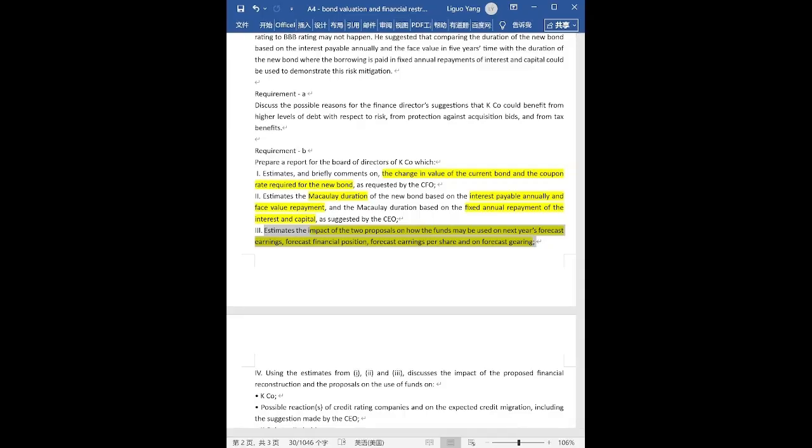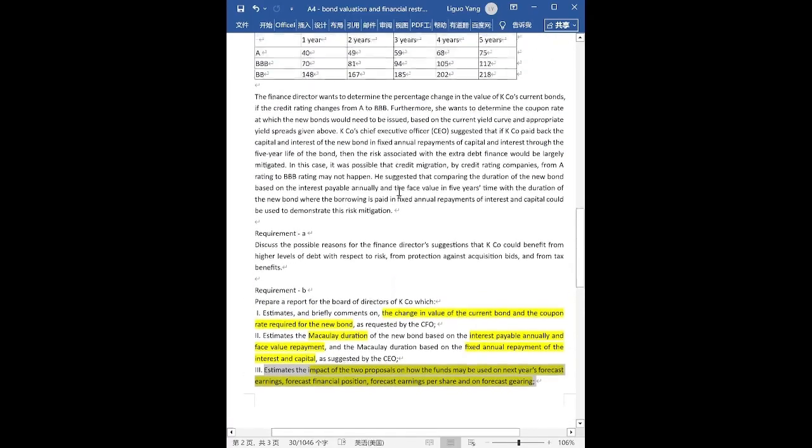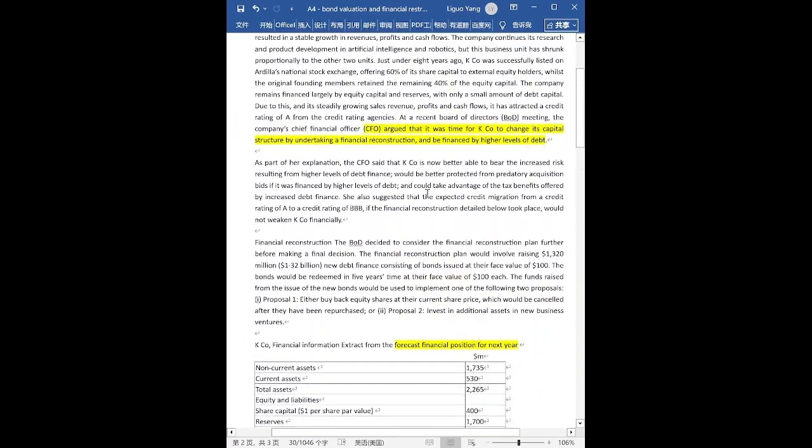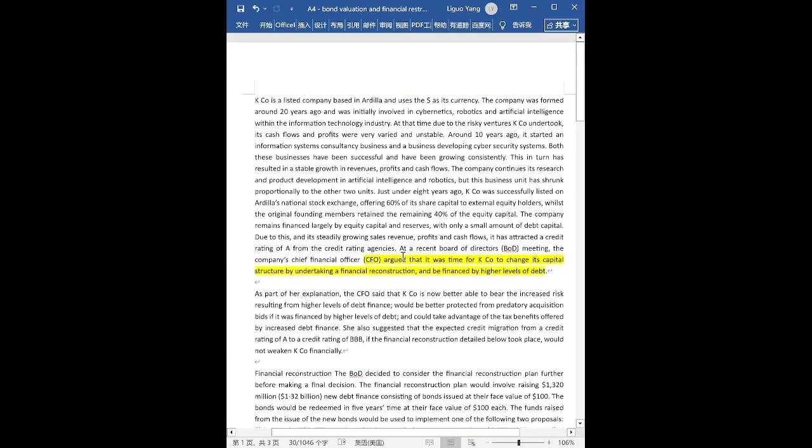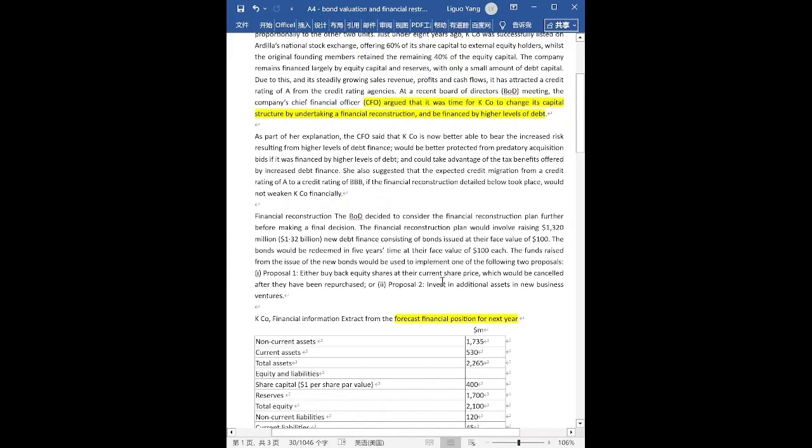Let's go over the two proposals first. Proposal one is buy back equity shares at their current share price, and proposal two is invest in additional assets in new business ventures.